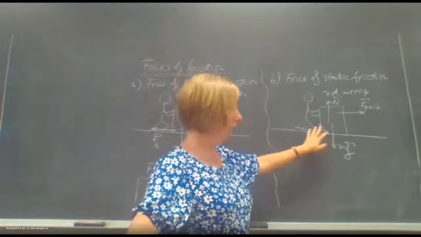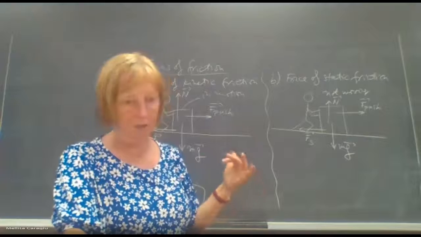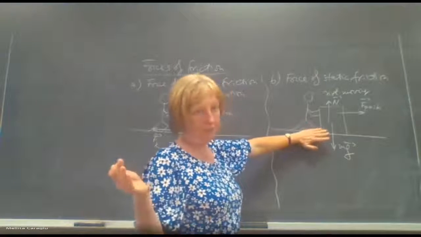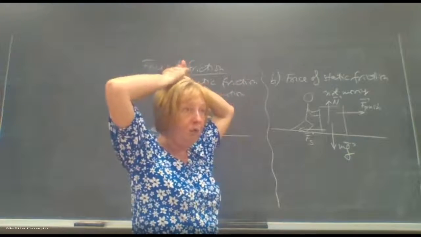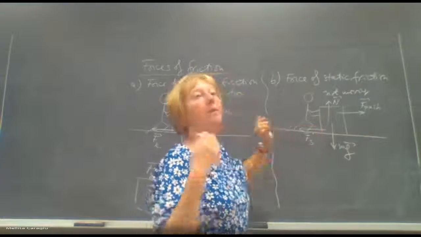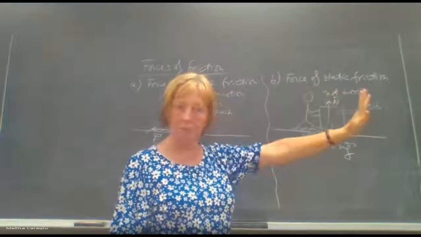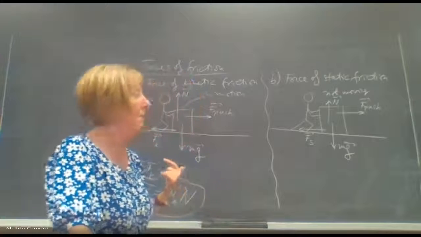Therefore, the force of static friction exists even when the object is not moving. When don't you have force of static friction? If you are not pushing the object. If you are not pushing the object, this doesn't exist. But if you push it, it doesn't matter that the object is not moving, the force of static friction still exists.